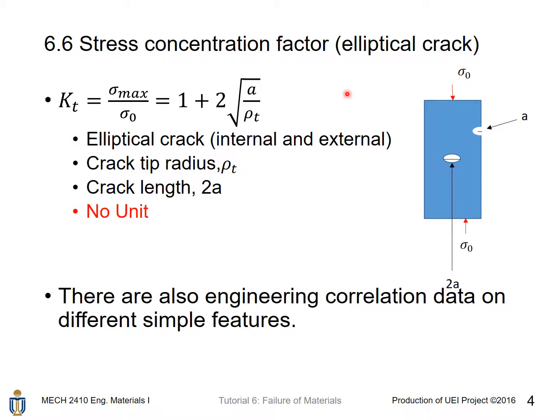Kt, which is the stress concentration factor, is equal to the maximum stress that appears in this bar over the applied normal stress, sigma log, which is equal to 1 plus 2 times the square root of a over rho t. a is the half crack length, and rho t is the crack tip radius.